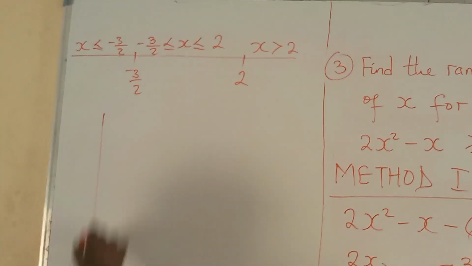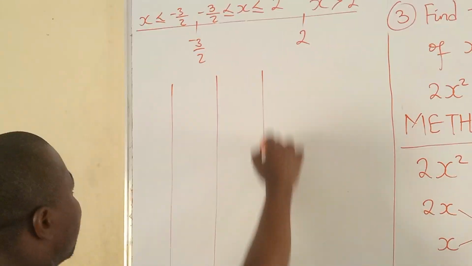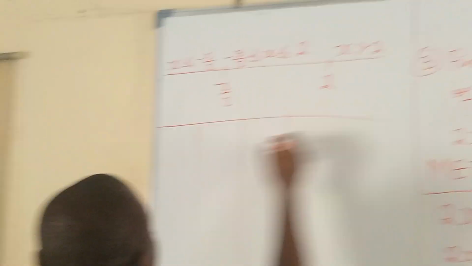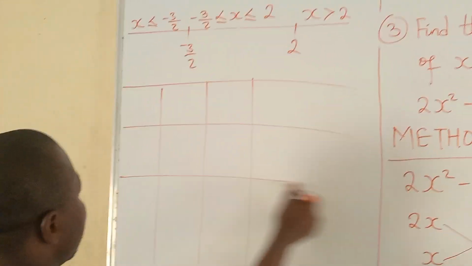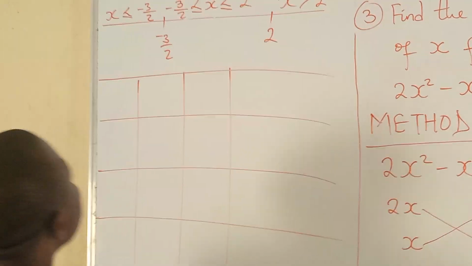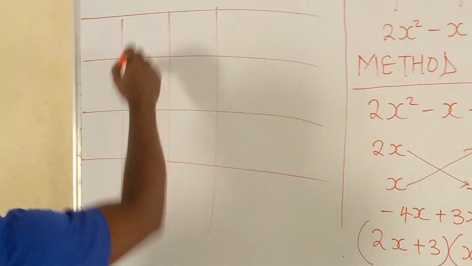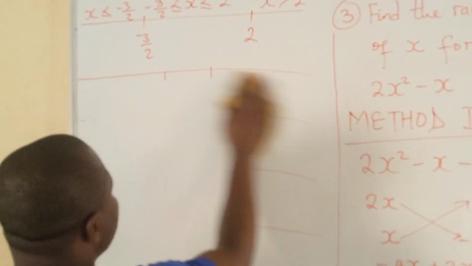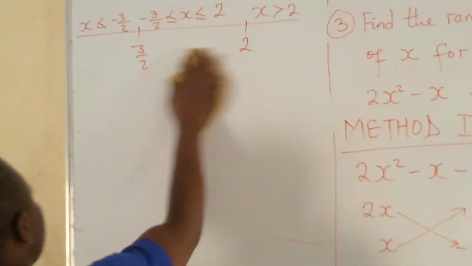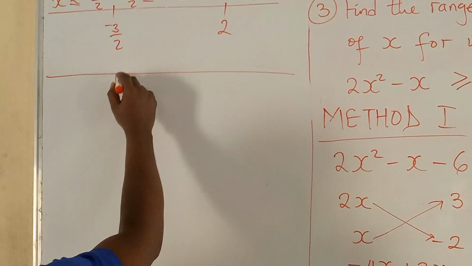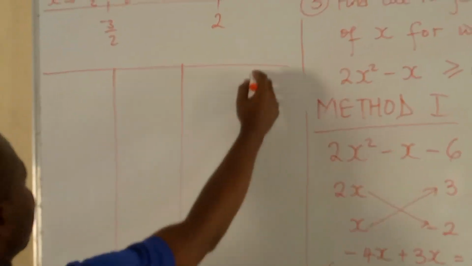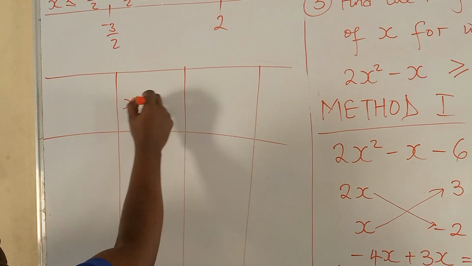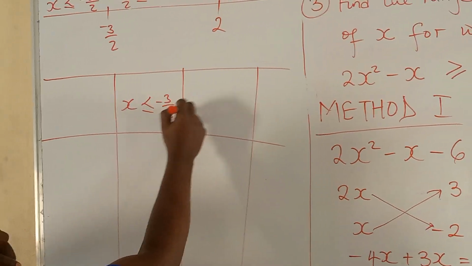So we prepare a table like this. We'll have x is less than or equal to negative 3 over 2.